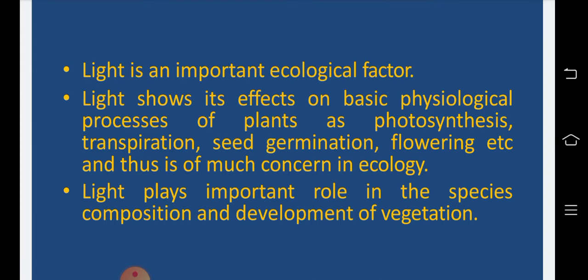In transpiration also, for opening of stomata, light is important. Red light is important for seed germination, and light also affects the flowering in many plants. Light plays an important role in the species composition and development of vegetation.